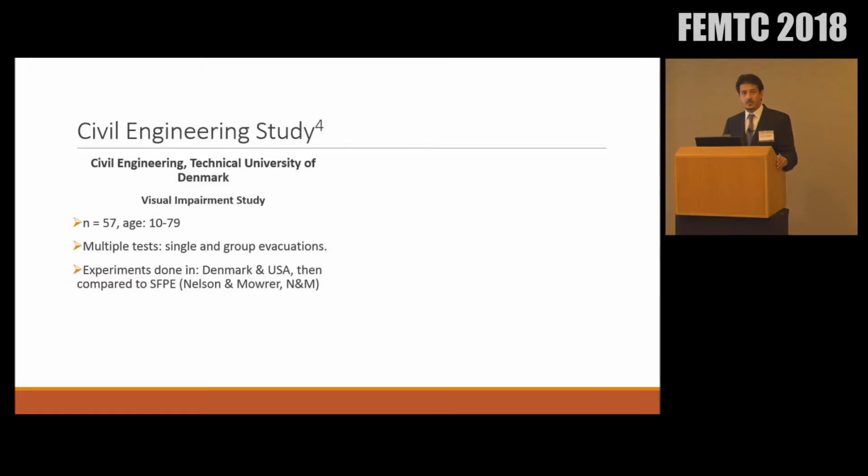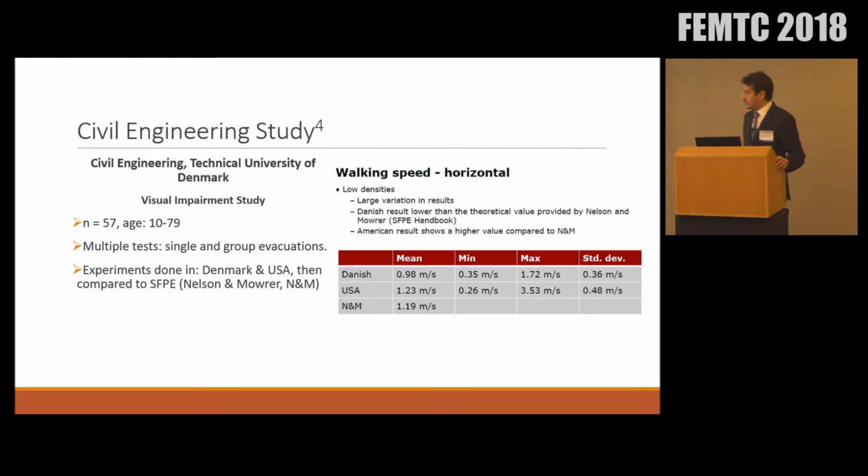They've done tests in Denmark, then they've done the test in the US, and they compared it to the SFPE Handbook. So here are the results. They've noticed that in the US they're faster than Denmark, and SFPE falls just in between them.